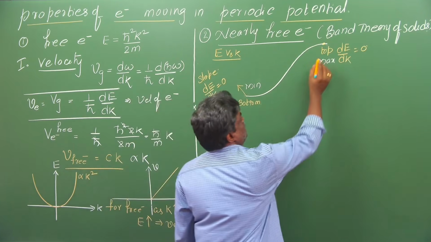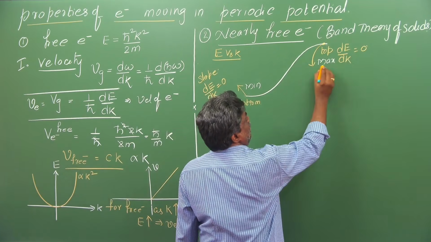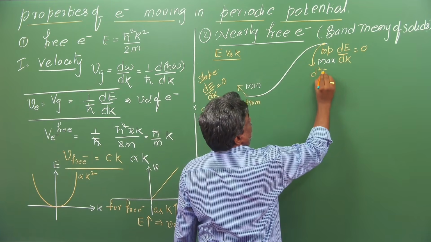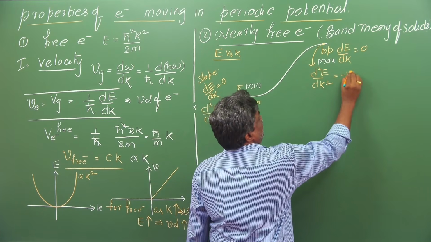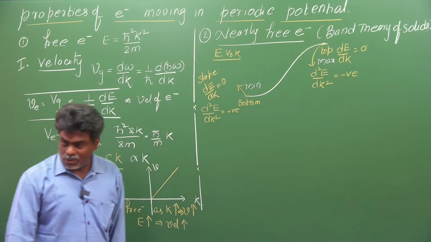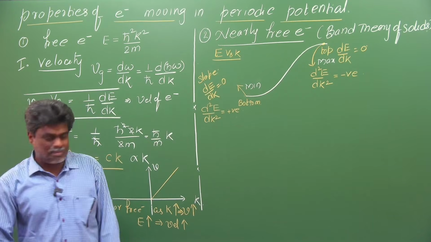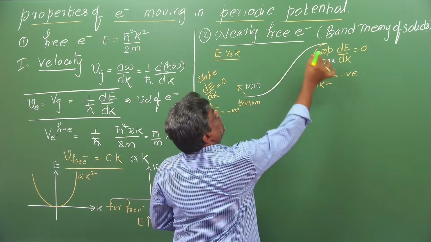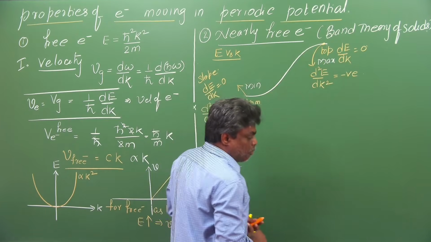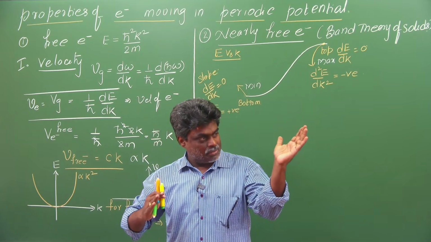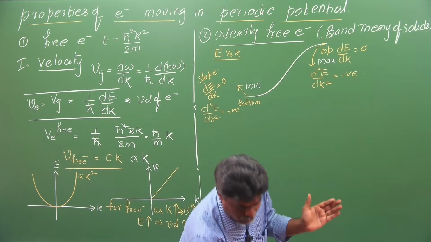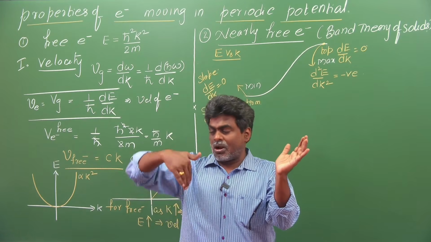Very few people are responding, maybe you are not interested. At a maxima, the second derivative d square E by dk square is negative. This is what we have discussed in the maxima and minima of mathematics. Somewhere there definitely exists a point in between. If you remember, while explaining the mathematics, we explained that the curvatures are opposite like this.